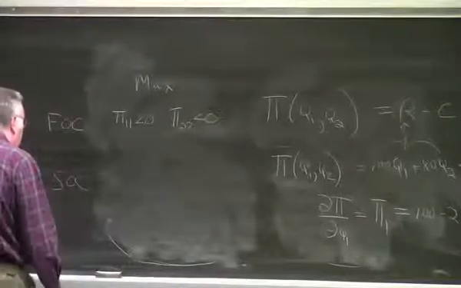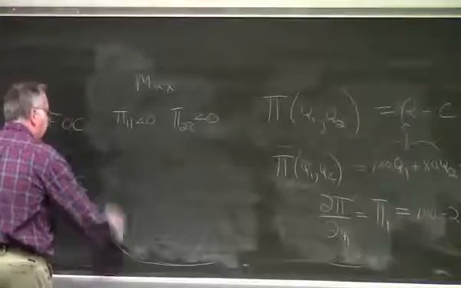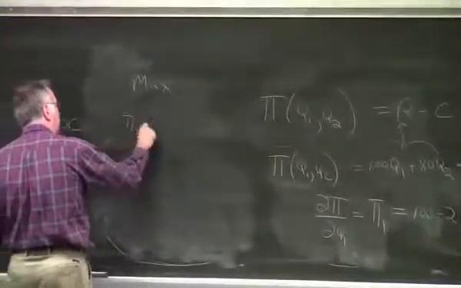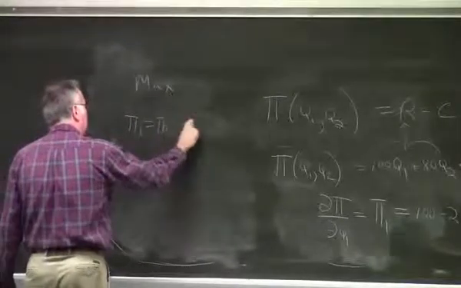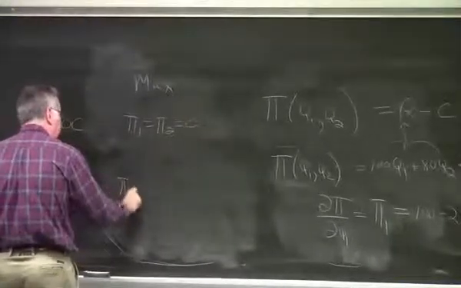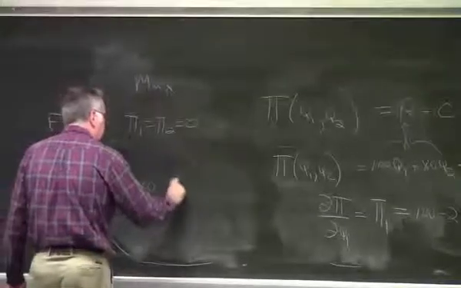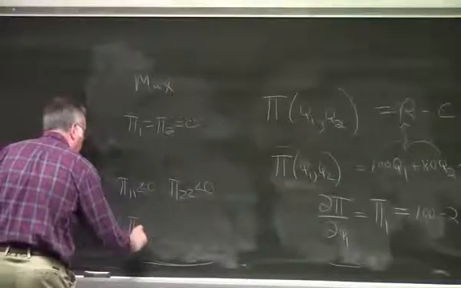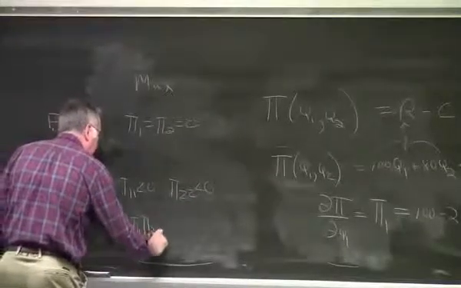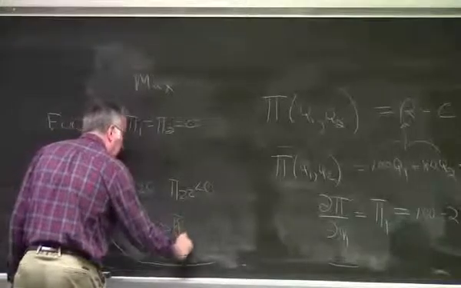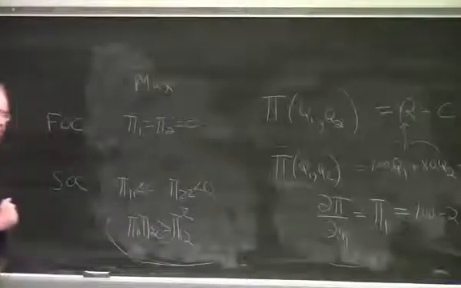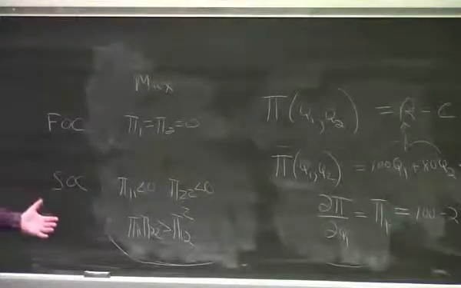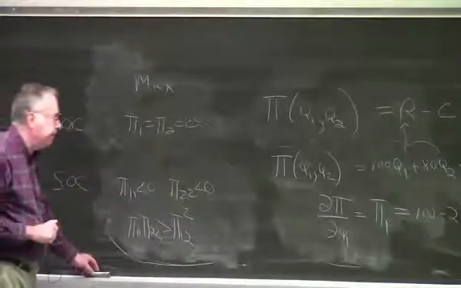Our first order condition is just pi 1 equals pi 2 equals 0. Our second order condition is pi 1, 1 negative, pi 2, 2 negative, and pi 1, 1 times pi 2, 2 being greater than pi 1, 2 squared. All right, these would be the conditions for a maximum, just changing our notation.